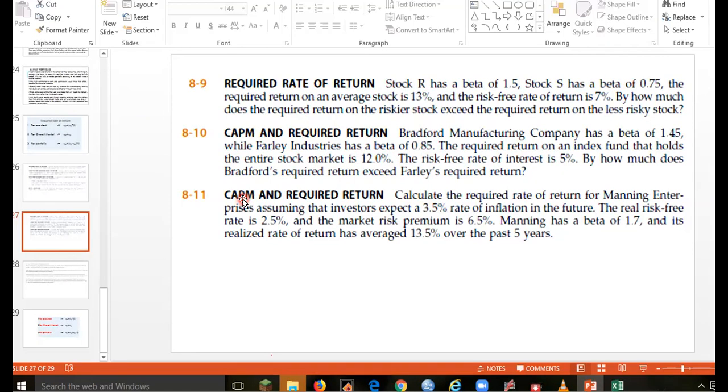So again, the difference of these two returns is required. And this time we have portfolios. You can see the difference between these two problems. In A-9 we have stock R and stock S, whereas in A-10 we have Bradford Manufacturing Company and Farley Industry. So it should have more than one stock. It should have some portfolio. So we are going to solve this problem through portfolio.